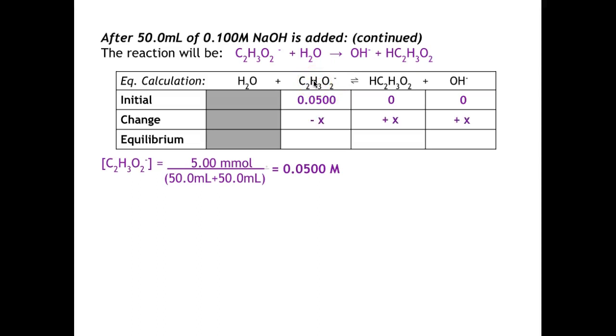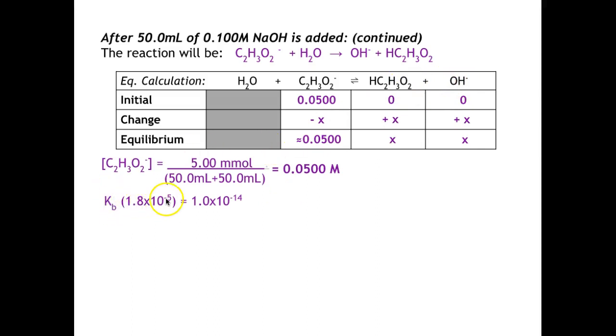So our change is minus x, plus x, plus x, so at equilibrium we have approximately 0.05 molar acetate ions, x, x, so we're going to put that into our equation. We have to calculate Kb, which is for our hydroxide because we're solving here.